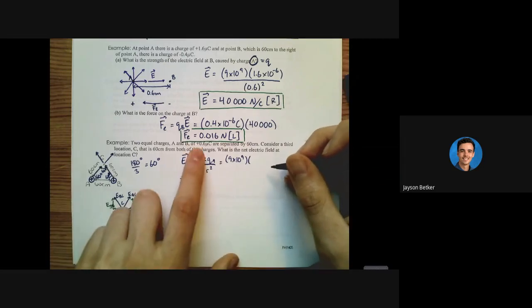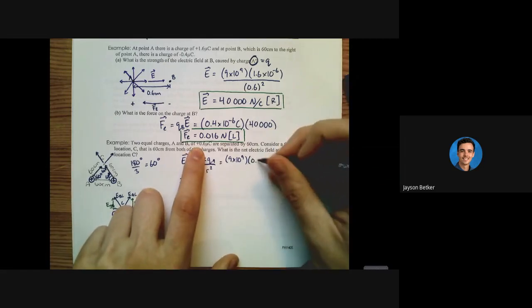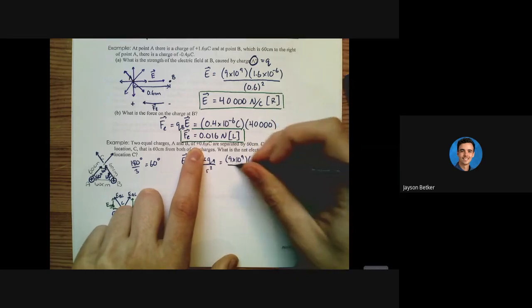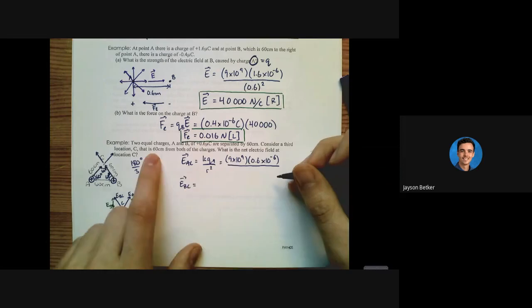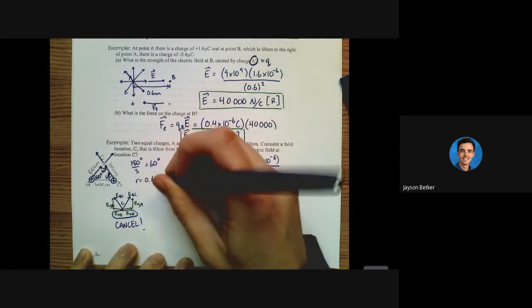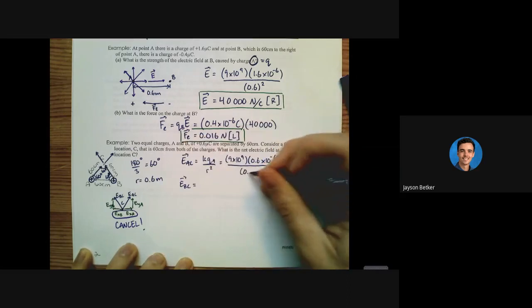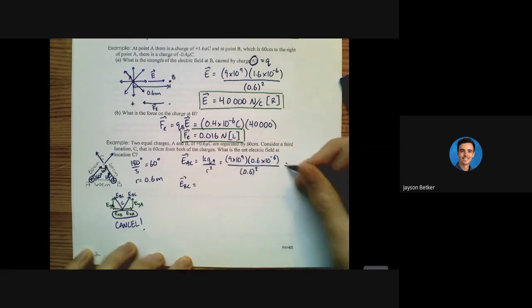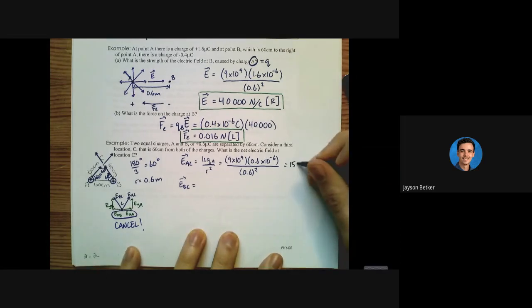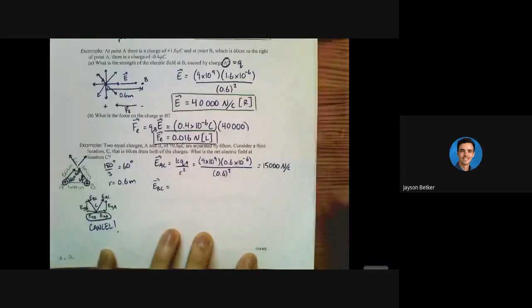QA is 0.6 microcoulombs. So that's 0.6 times 10 to the negative 6 coulombs divided by R, which is 60 centimeters. So R is actually equal to 0.6 meters. So 0.6 meters squared. Now, if I plug that into my calculator, I get 15,000 newtons per coulomb, but I've got a direction associated with it.